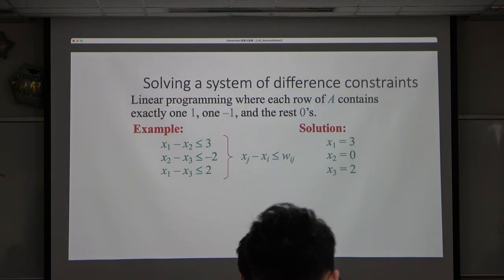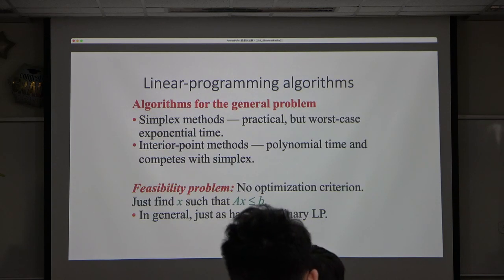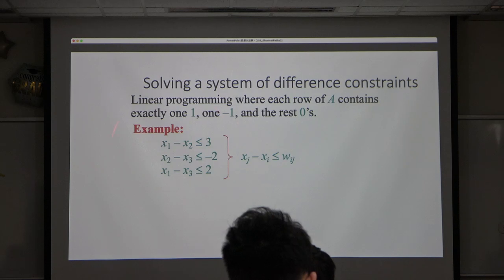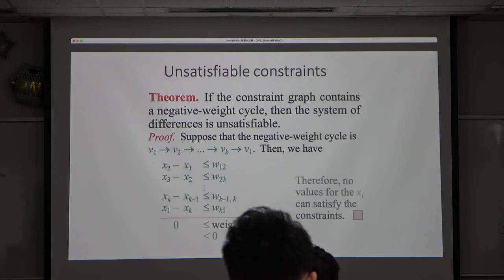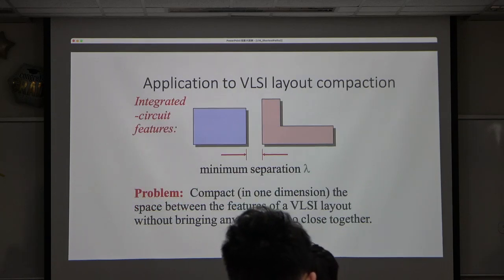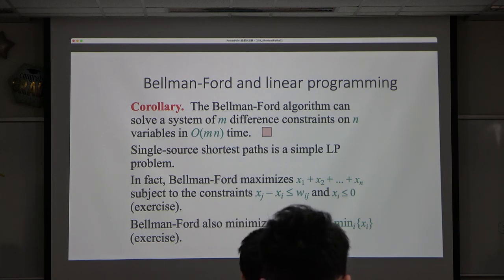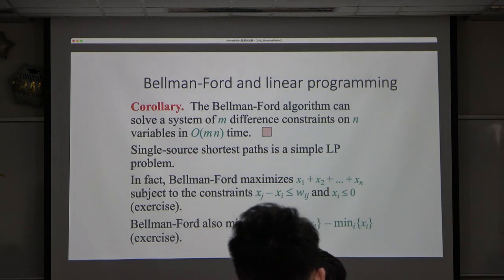And remember, I also told you that the solution Bellman-Ford provides is going to minimize the max xi minus min xi. So it's going to minimize the difference between your largest assignment and the smallest assignment.